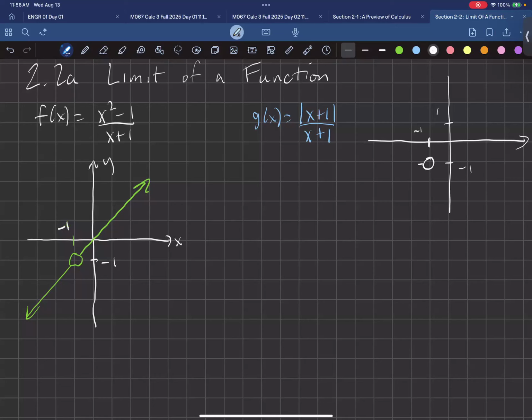we have what's called a discontinuity. All of these holes are called discontinuities. The plural form is discontinuities, like this.